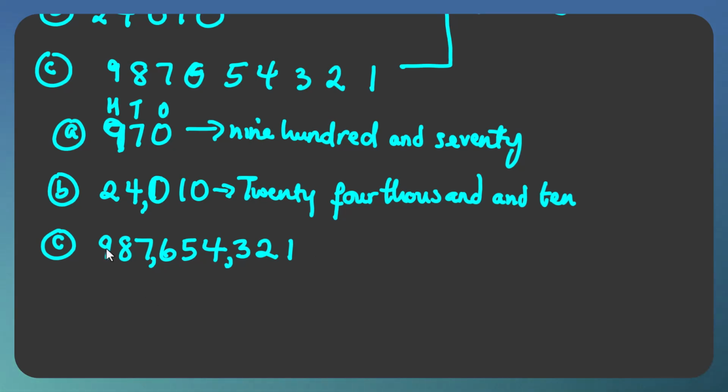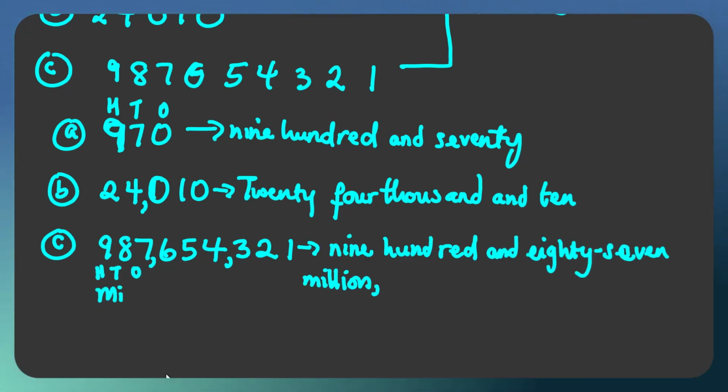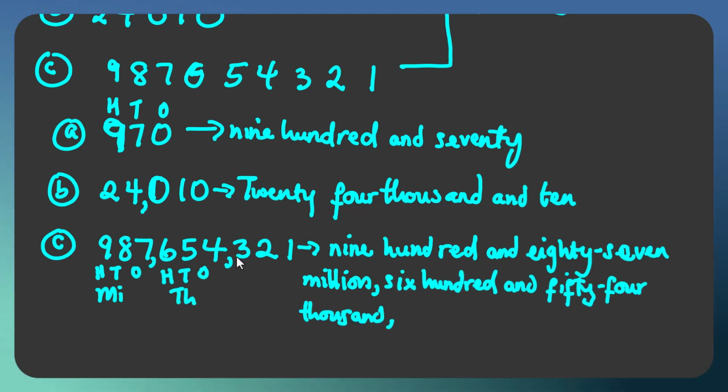And so because it is at the hundreds of the millions, we have this to be 987 million. And then the next part is the thousands, and so this shows that it is in the hundreds, tens, and ones of the thousands, so 654 thousand. And then the final part is just 321.